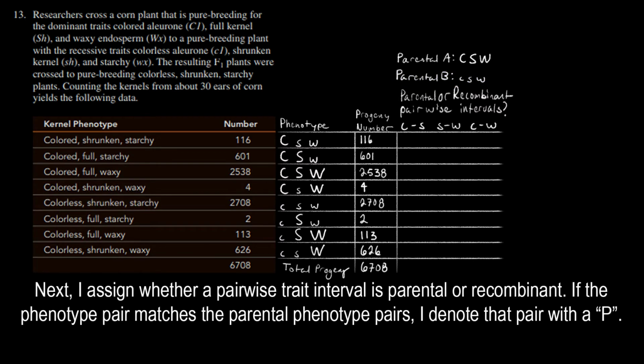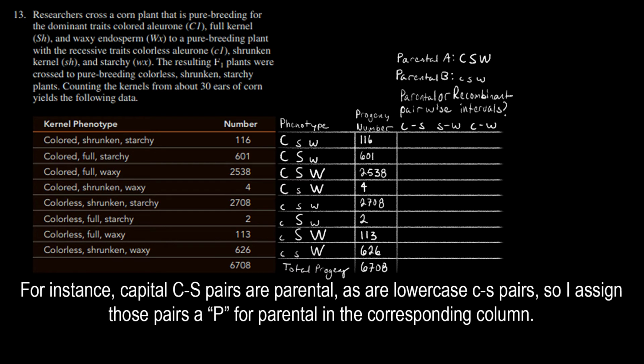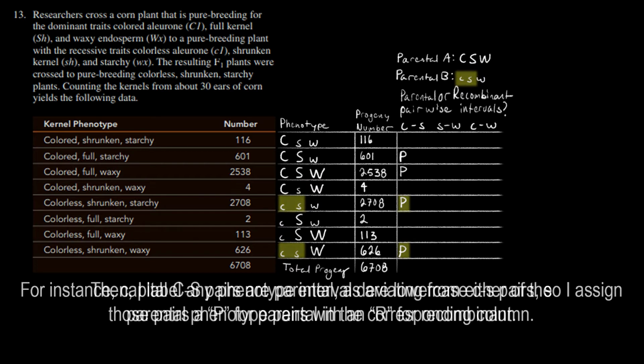Next, I assign whether a pairwise trait interval is parental or recombinant. If the phenotype pair matches the parental phenotype pairs, I denote that pair with a capital P. For instance, capital C and S pairs are parental, as are lowercase c and s pairs, so I assign those pairs with a P for parental in the corresponding column.